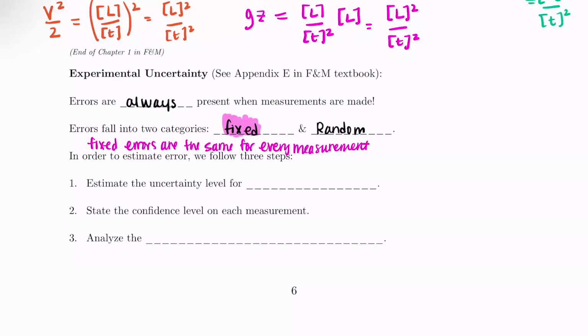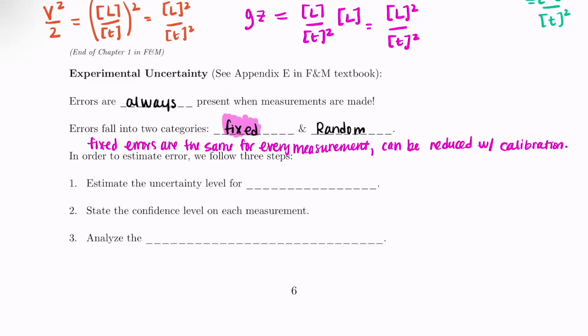And these types of errors typically can be reduced with calibration, for example. Okay, so if you were doing an experiment where you needed to measure the mass of something, for example, and your scale was not calibrated correctly, you would have a fixed error for every single measurement. That is a direct result of kind of the uncertainty of that equipment itself. And if you recalibrated it, you could not eliminate, but reduce that error, okay?